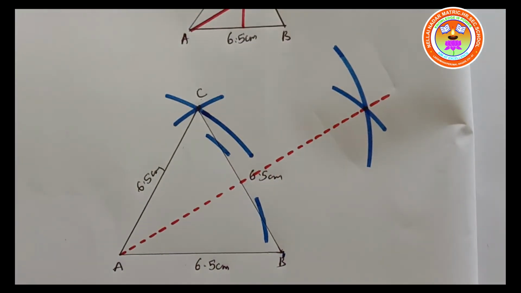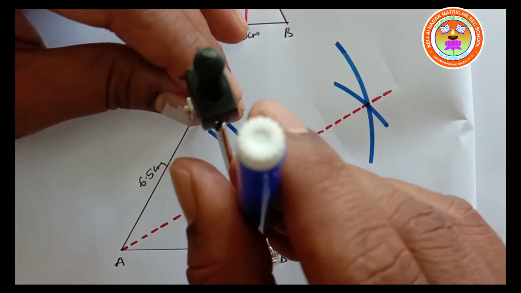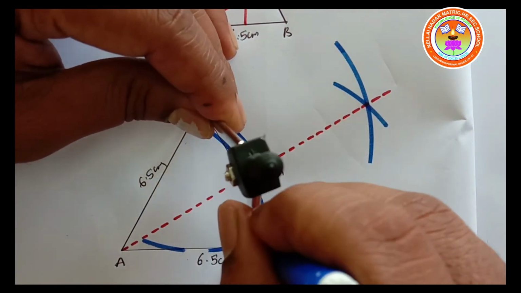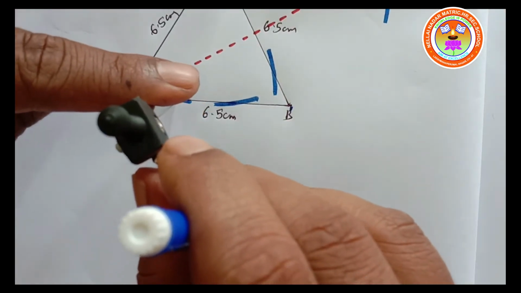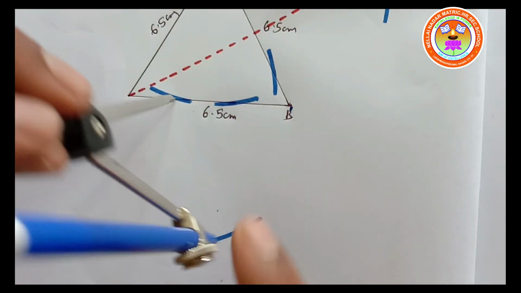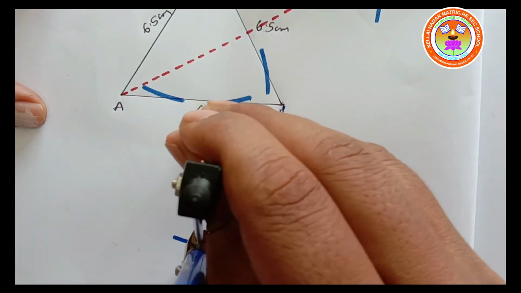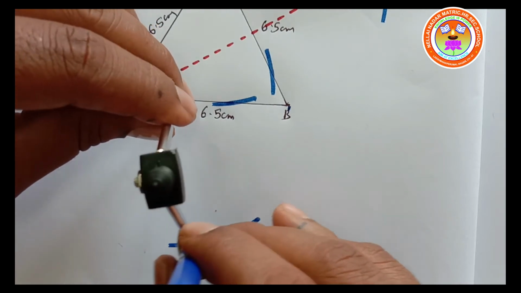It's clear, children? Again from vertex C. Again from the same measurement, same radius. You should not change the radius, children.